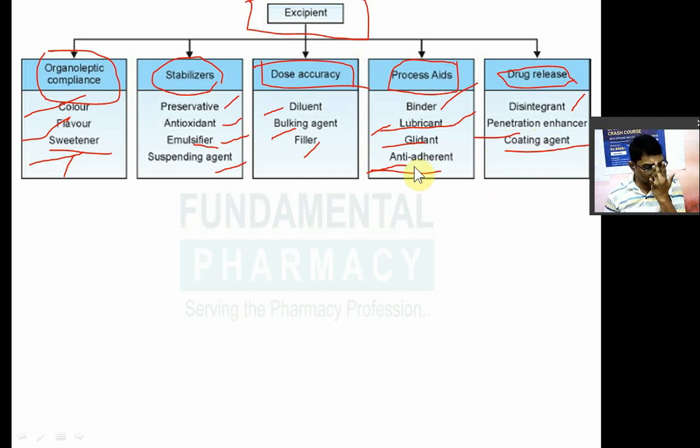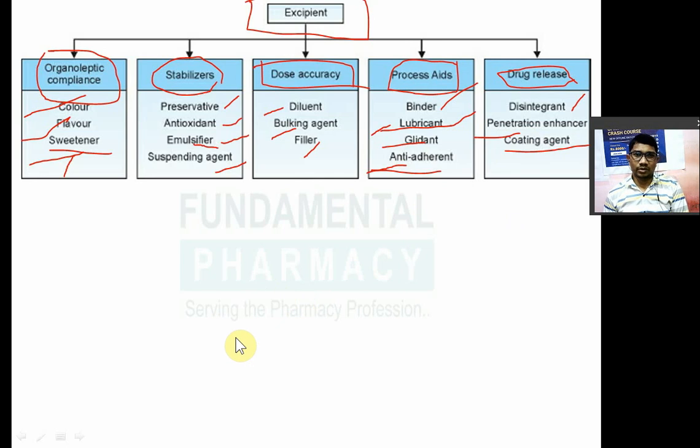So there are different types of excipients which are used in any kind of dosage form, for example tablet solid dosage form, capsule solid dosage form, and liquid dosage form also. Along with the drug, whatever is added is known as an excipient, and that has some purpose. Either it has an organoleptic compliance purpose, to increase the aesthetic value and the palatability.